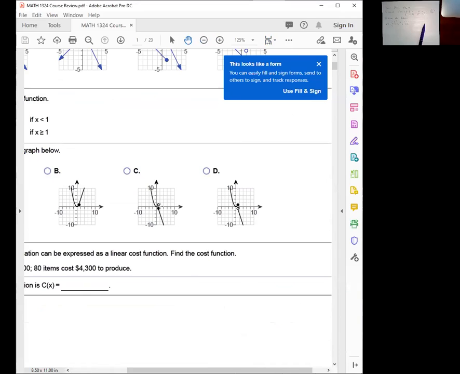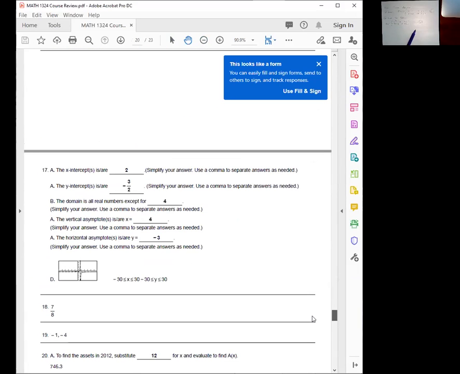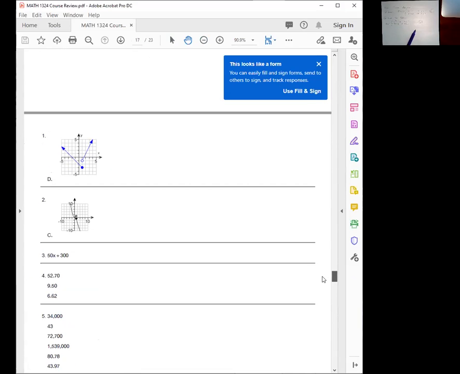Parabola says less than 1, so there should not be a full circle on the parabola. So D is wrong. There must be C. There should be a solid circle on the second equation because it's greater than or equal to 1. Okay. All right. So number 2. Let's see. Yeah, we're right. Cool.